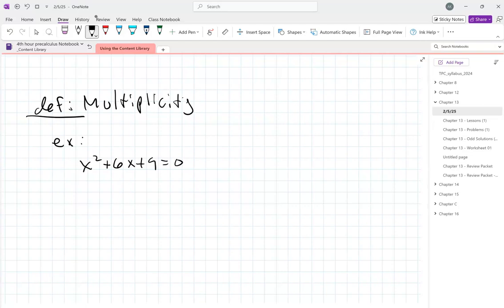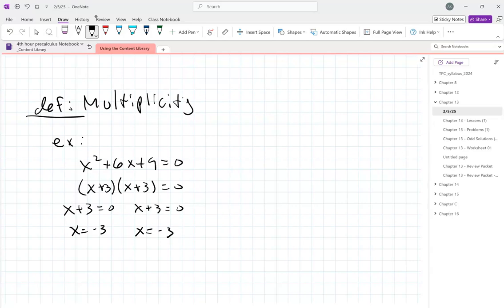So if I have something like x squared plus 6x plus 9 equal to 0, and I want to solve this, does this factor? What does it factor to? X plus 3 times x plus 3, right?